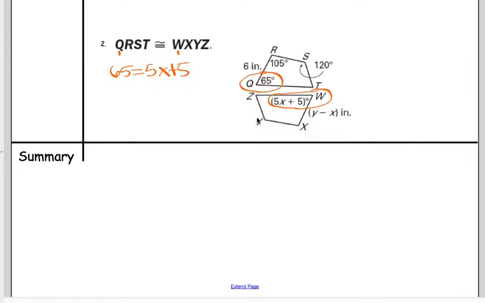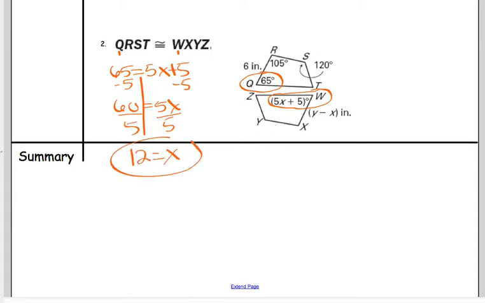So 65 equals 5x plus 5. Solving, subtracting 5 on both sides, 60 equals 5x, dividing by 5, 12 equals x. So I was able to use just the fact that Q is first and W is first to set up that equation.